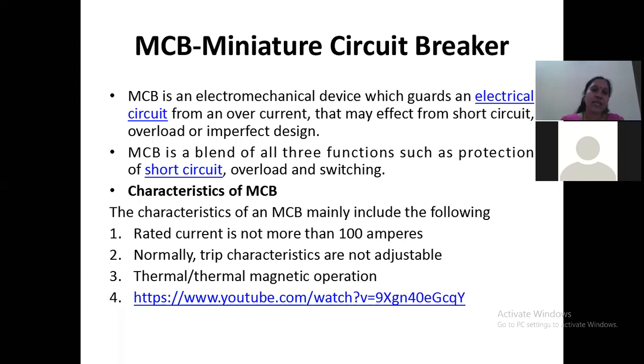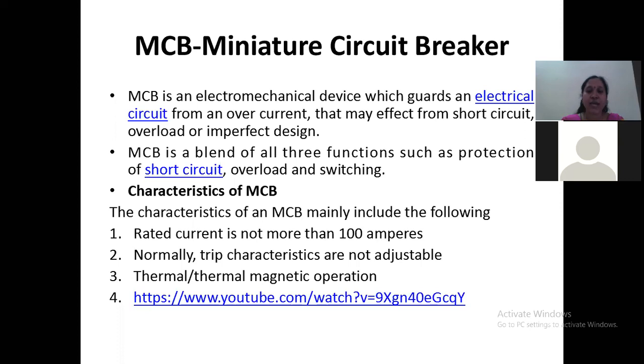Okay. Next, MCB is a blend of three functions. What are those? Protection against the short circuit, overload, and the switching. Okay, so this MCB is going to protect against these three functions. Okay, next, coming to the characteristics of MCB. Rated current is not more than 100 amperes.